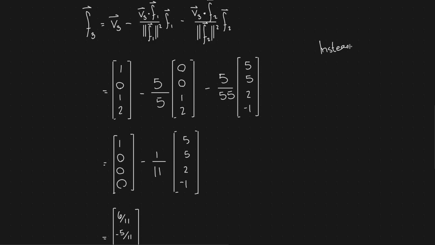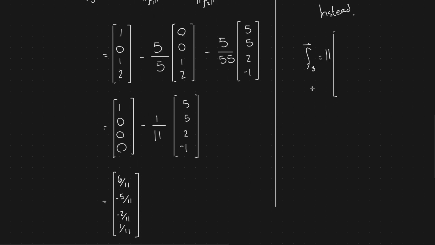So instead, I'm going to set F3 equal to 11 times this vector that I found, which is 6 over 11, negative 5 over 11, negative 2 over 11, 1 over 11. I'm just going to make it a little bit longer than it was before. It's still pointing in the same direction, so it's still orthogonal to the other vectors.